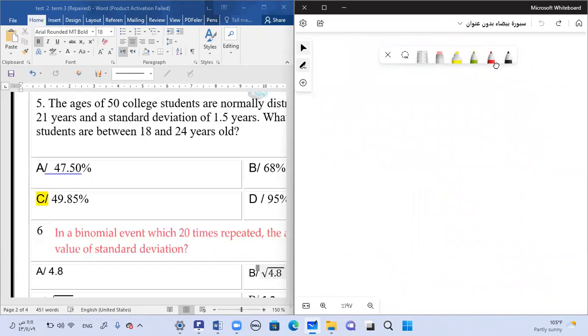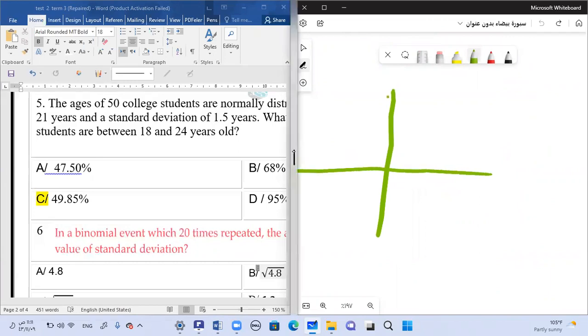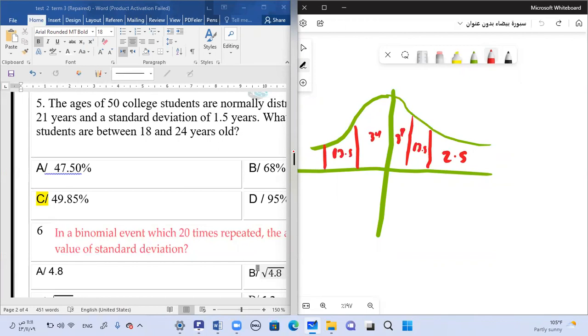If we have the words normal distribution, we should draw the graph like this one and divide the area: 34, 13.5, and 2.5, and on the other side 34, 13.5, and 2.5.